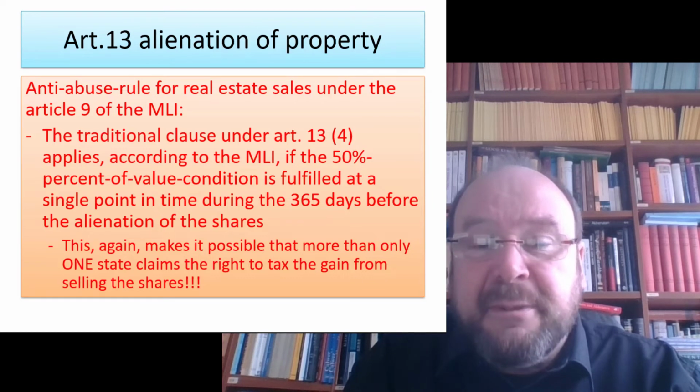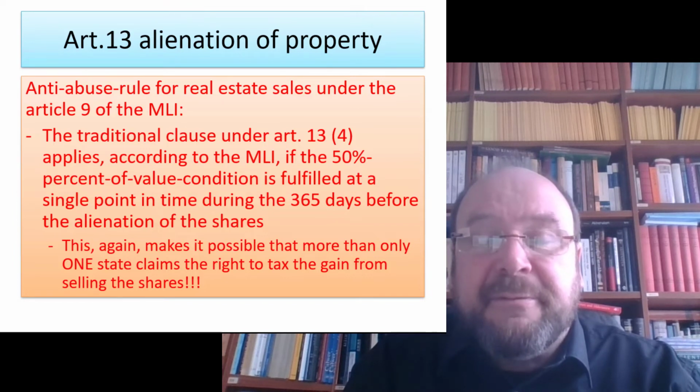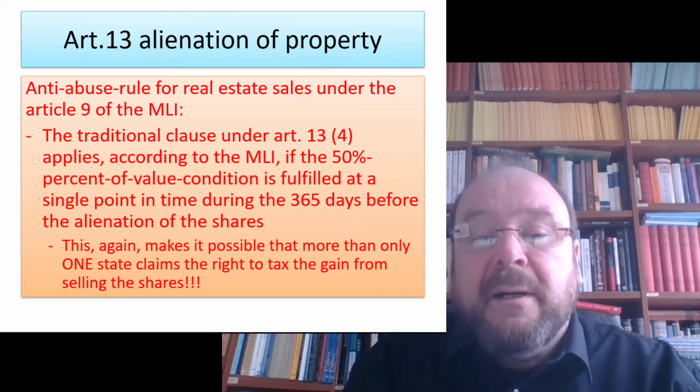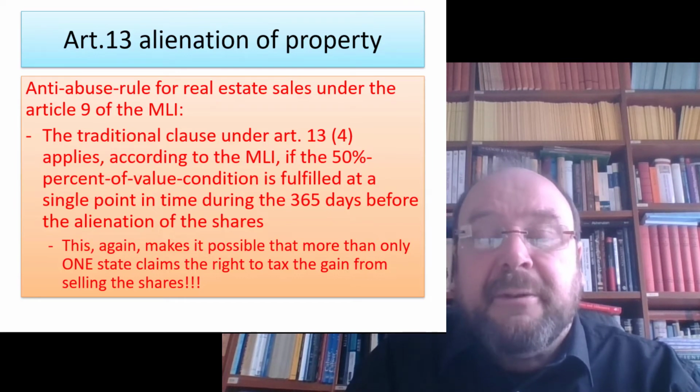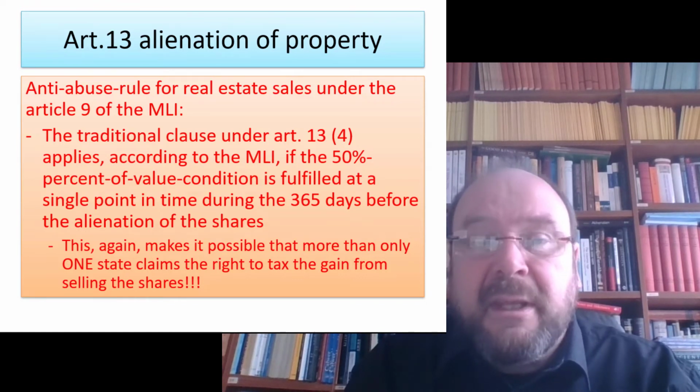That gap must be filled. And then there might also be possibilities for abuse to get rid of that 50%, for example, by manipulation of the property situation of the company.